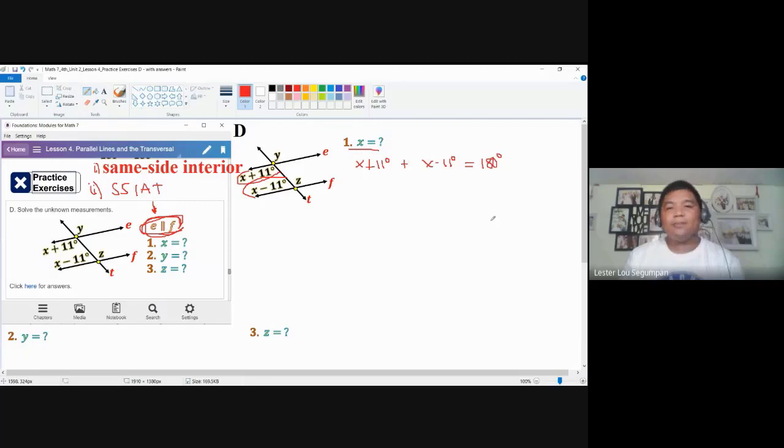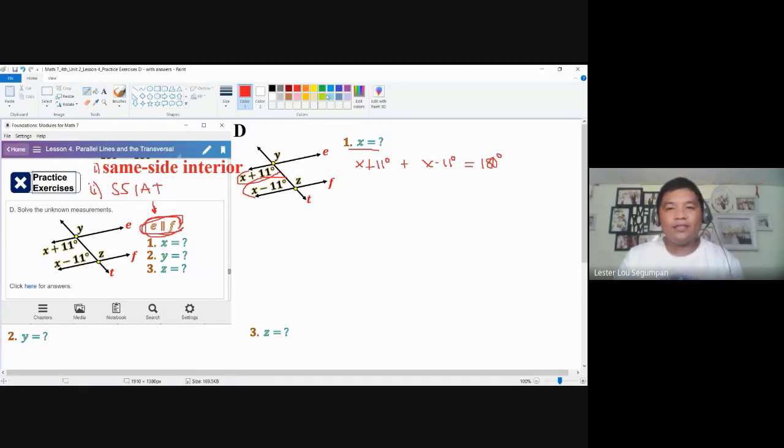So unlike the equation formed in the previous practice exercise wherein we simply equate the measurements of two angles, here we cannot do that because the same side interior angle theorem does not tell us that they are congruent. Rather, it tells us that they are supplementary. So we have this equation: add the two measurements, they must sum up to 180 degrees.